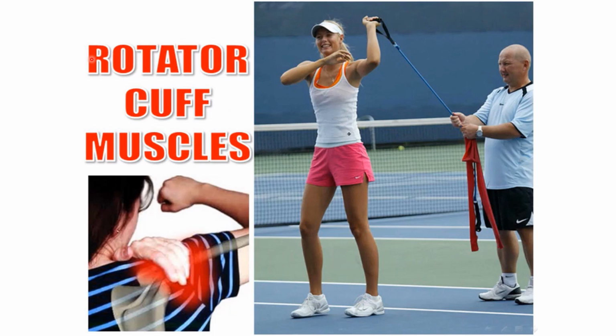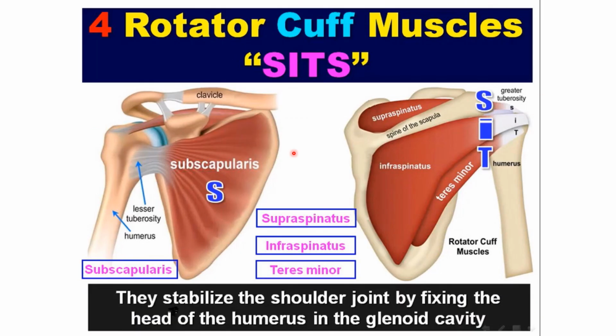So we'll look at the rotator cuff muscles. Remember, we mentioned 4 rotator cuff muscles: the supraspinatus, infraspinatus, teres minor, and then the subscapularis.